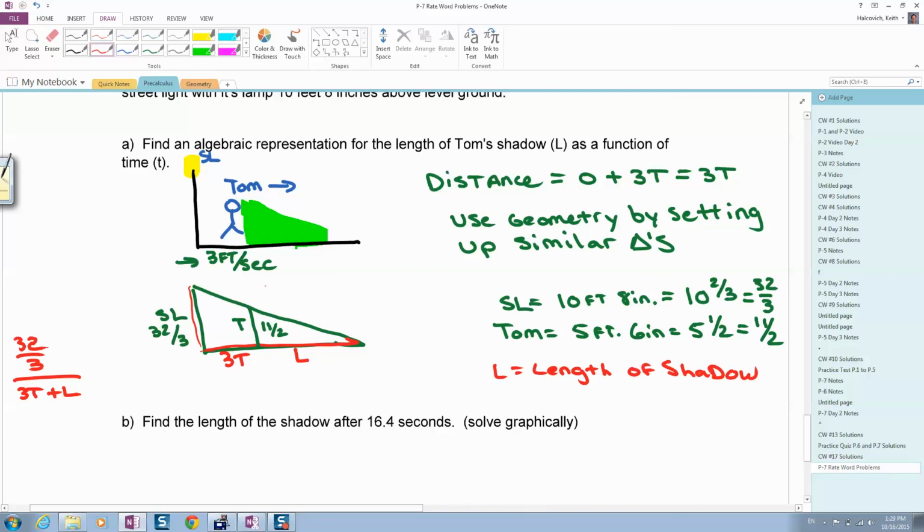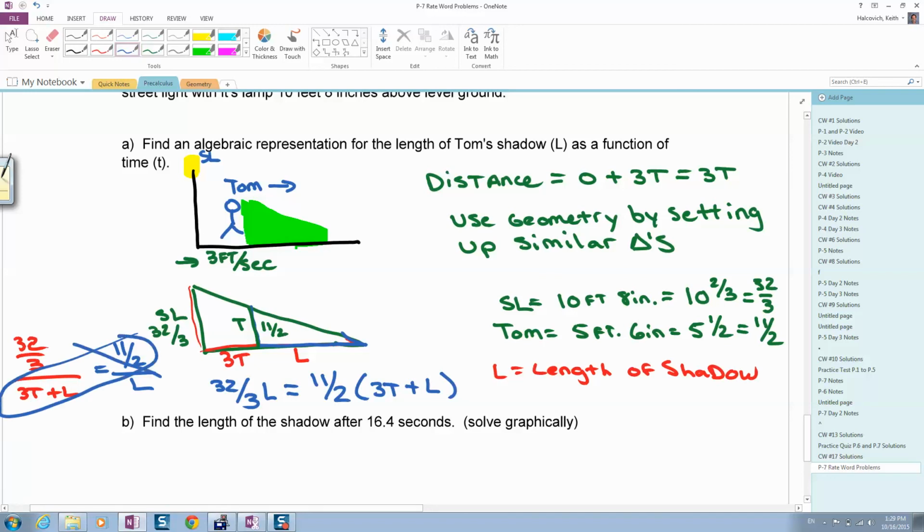And then in the smaller triangle, notice we just have 11 halves and then L. So when you cross multiply, you get 32 thirds L equals 11 halves times 3t plus L. Because remember, when you have a ratio, you cross multiply.